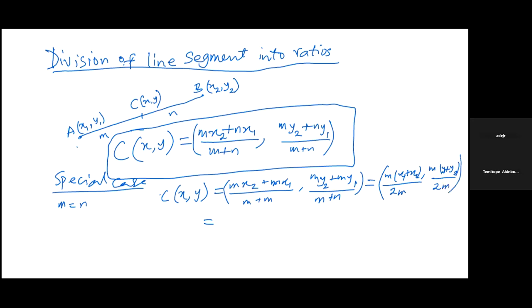Now, we cancel M here, and we cancel M here. So you now have (X1 plus X2) over 2, comma, (Y1 plus Y2) over 2.